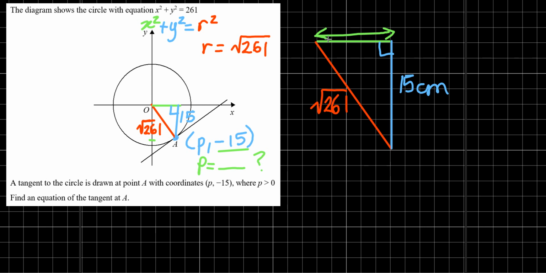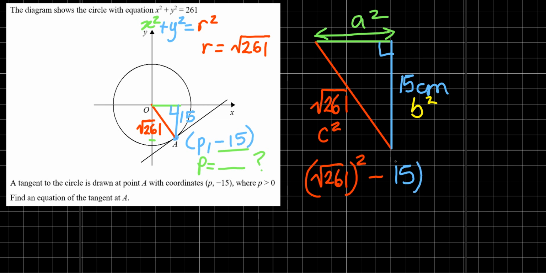So we can work out what p is if we know the base of this triangle. That's C, that's B. So we do C squared minus B squared, which gives us A squared. So we have 261 minus 15 squared. That would give us 36, so A squared is 36.